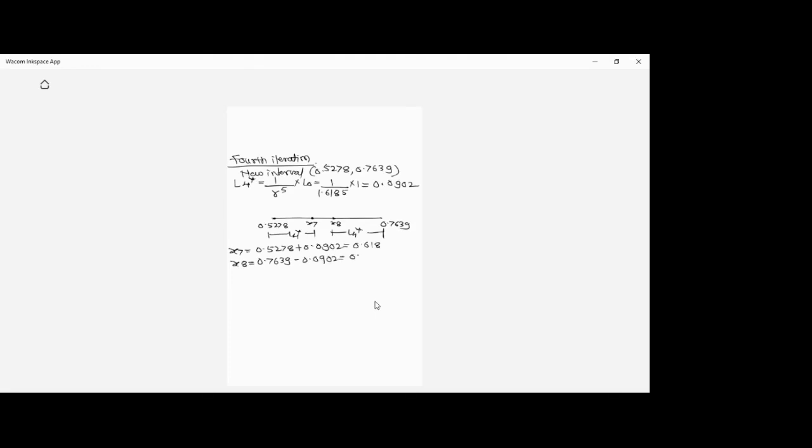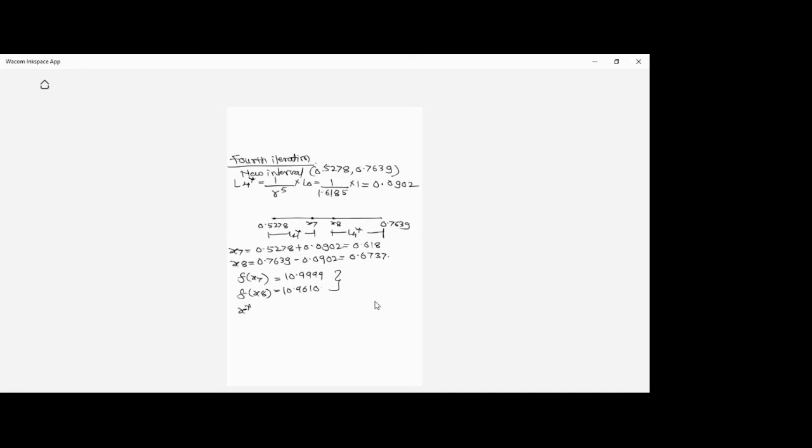According to the calculation, it comes out to be 0.6737. F of x7 is coming out to be 10.9999, and f of x8 is coming out to be 10.9610, right? Again, these two values are not the same, but anyway we are going to end after the fourth iteration only, right?